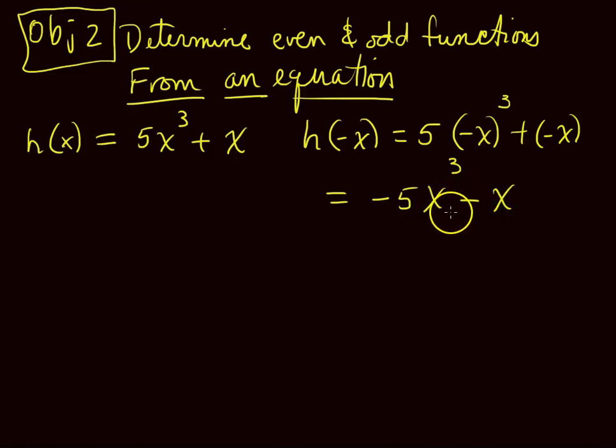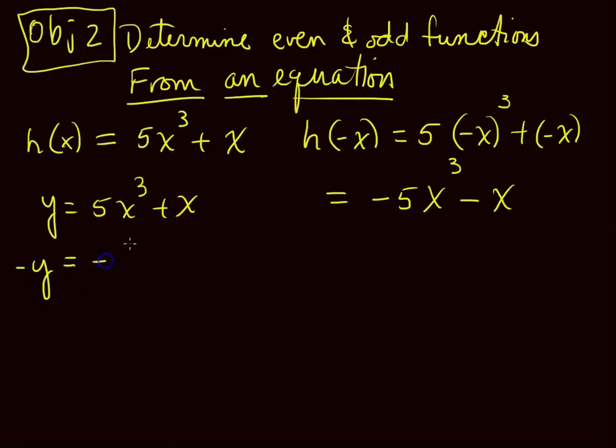Now, the way that's written doesn't really help us. What are we looking for? If this is the y value, right? If y equals 5x cubed plus x, the same as h of x, if this was even, then we would get exactly the same thing back, and we don't. Well, we want to make it look like this anyway. What would a negative y equal?